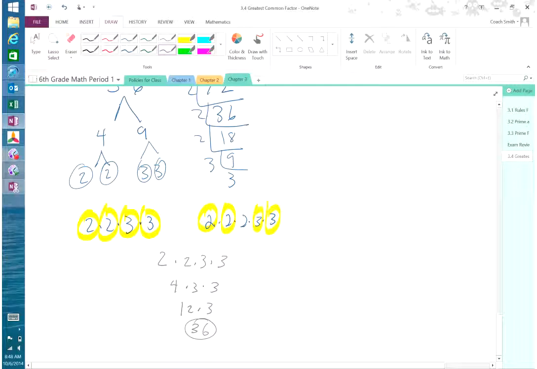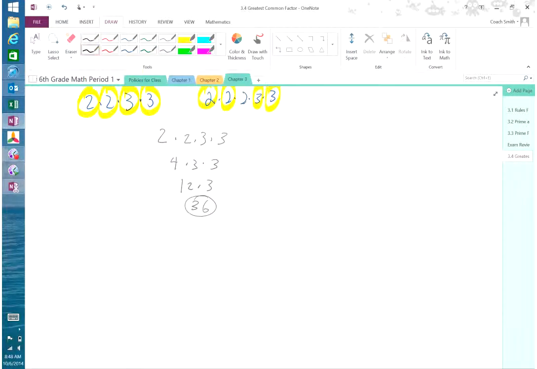All right, now, let's get a little harder. You find the GCF of 84 and 120. So you can see that you probably don't want to list all the factors of both those numbers.